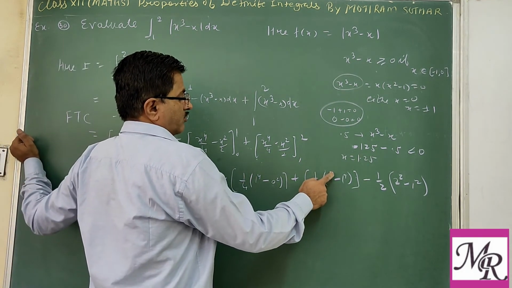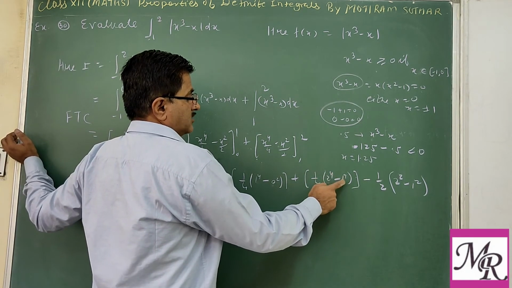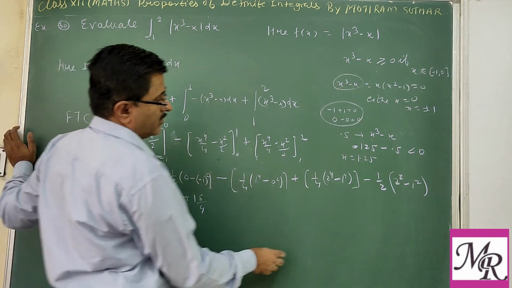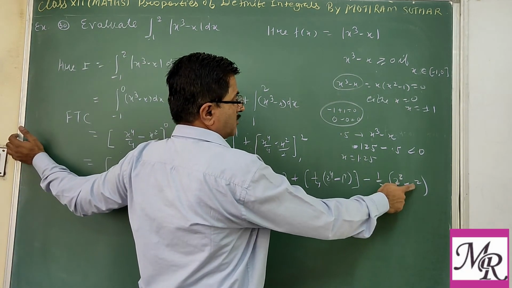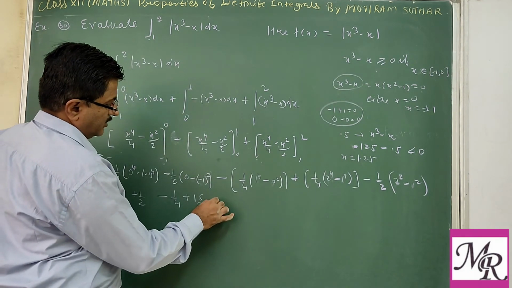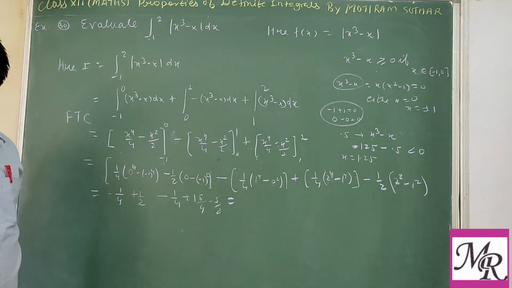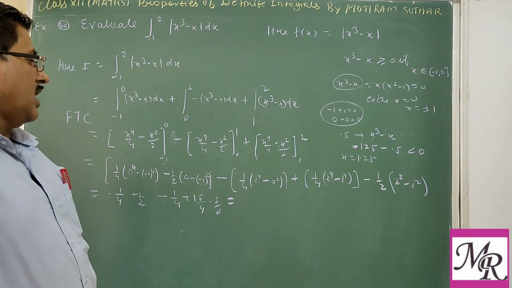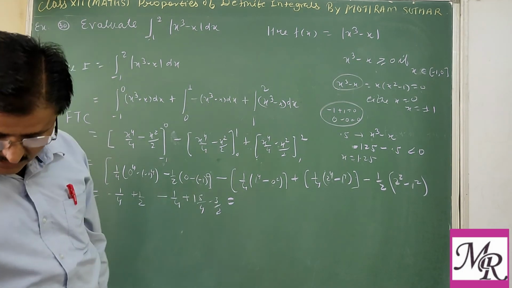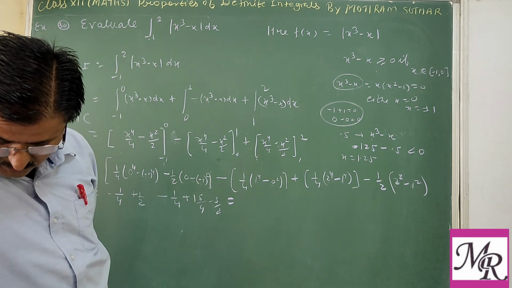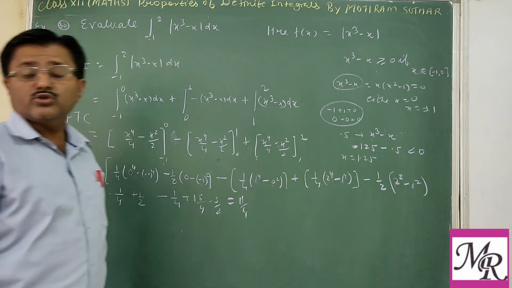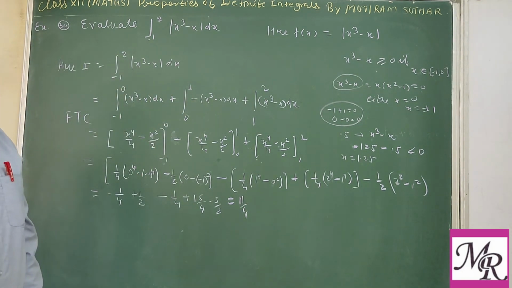Then 2 power 4, that is 16 minus 1, 15, so 15 by 4. Then 2 power 2 is 4 minus 1, 3, so minus 3 by 2. Clear? In this way you can simplify. The answer will finally be 11 by 4.